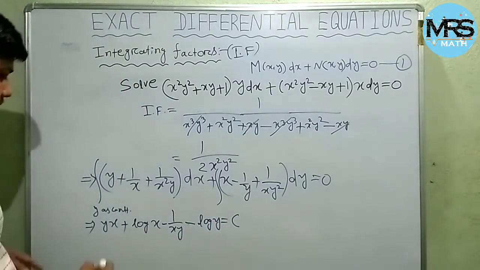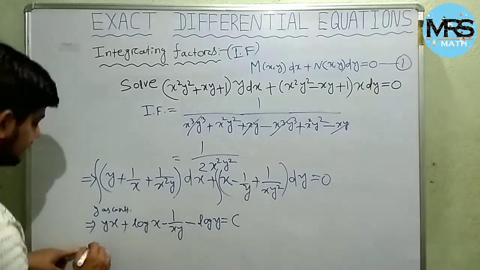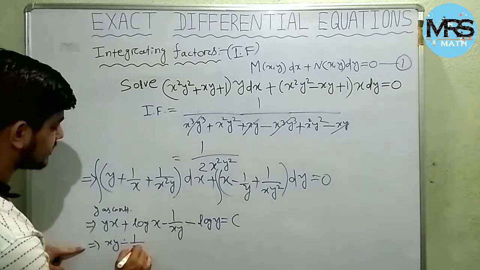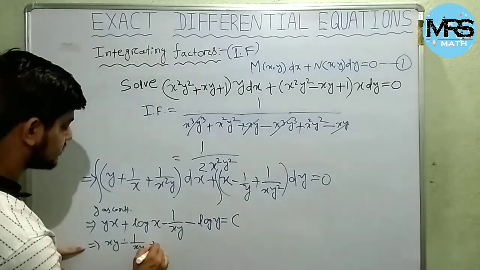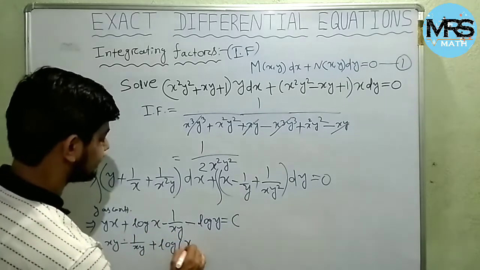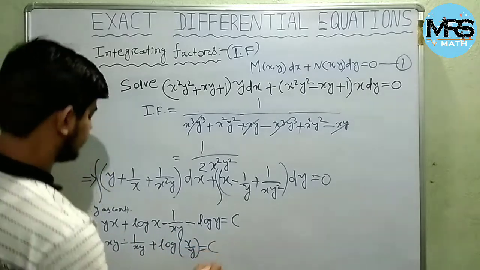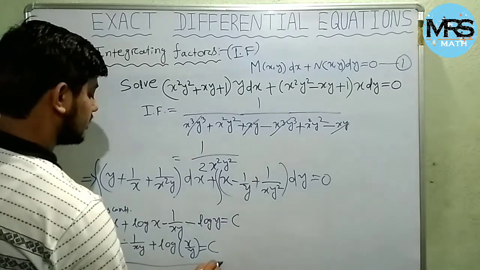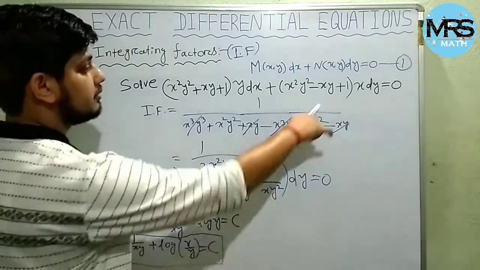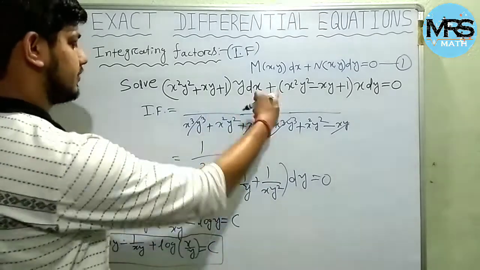Okay students, now that is xy minus 1 by xy plus log of x by y equal to c. So this is the solution for the differential equation.